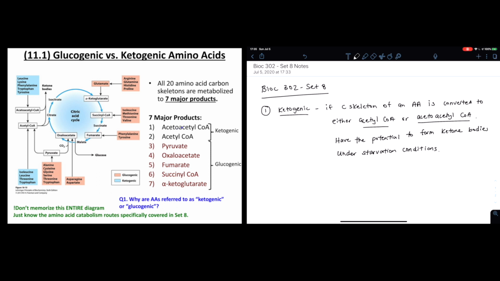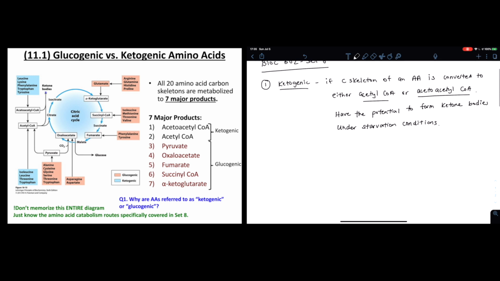So remember, anything that gets degraded into either acetyl-CoA or acetoacetyl-CoA is going to go on to potentially produce ketone bodies under starvation mode. And remember that acetyl-CoA cannot go on to produce a net amount of glucose, unless you're a plant. And we're not plants. So acetyl-CoA can never be used to produce glucose.